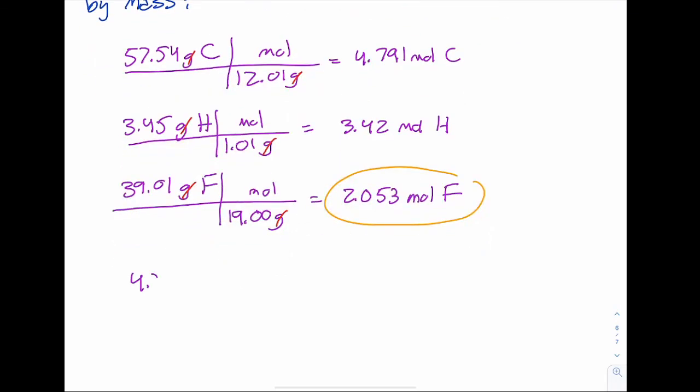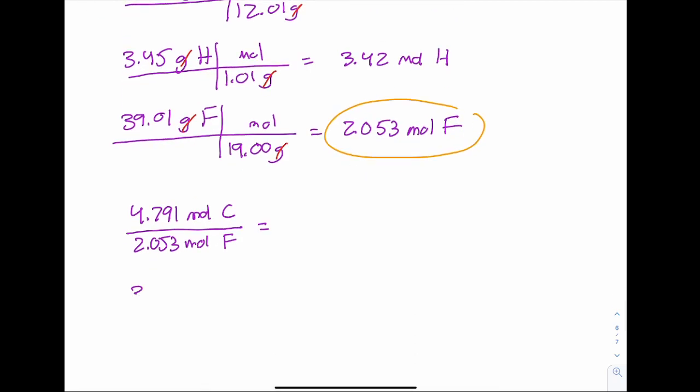So 4.791 moles of carbon for every 2.053 moles of fluorine, and then 3.42 moles of hydrogen for every 2.053 moles of fluorine.